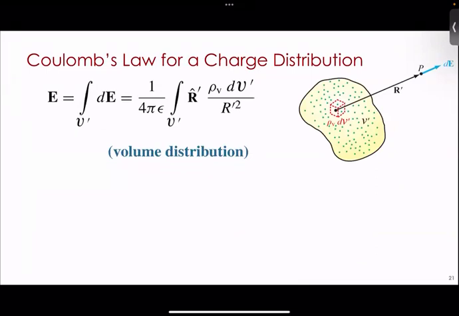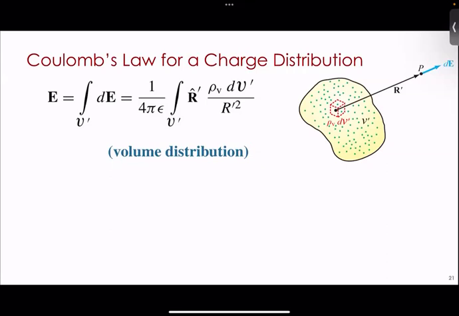So we have the total electric field being the integral over the volume V of all of the dEs. Okay, so it's like you break up this body into a tons of little pieces and you figure out the little contribution of each little piece to the electric field at the point where you want to know what it is. And if you do that integral where you consider all of them, you get the total electric field.